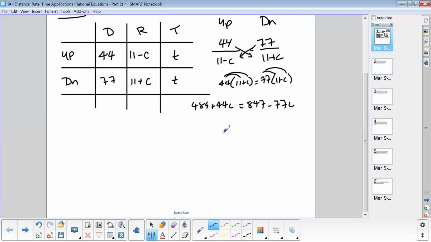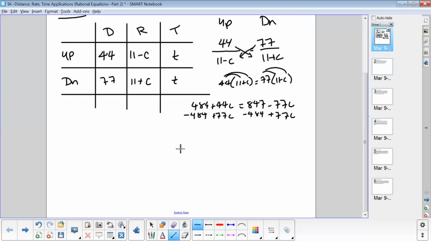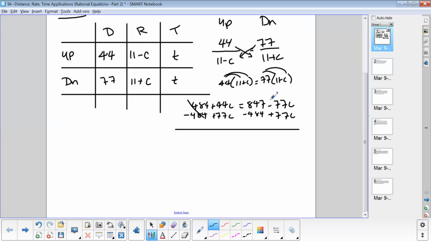So I'm going to add the 77c to 44c, and I'm going to subtract the 484 from the 847. And that goes to 0, and that goes to 0. So I'm left with 121c equal to 363. If I divide by 121, I get c equals 3.